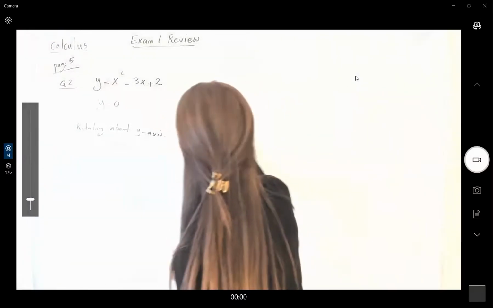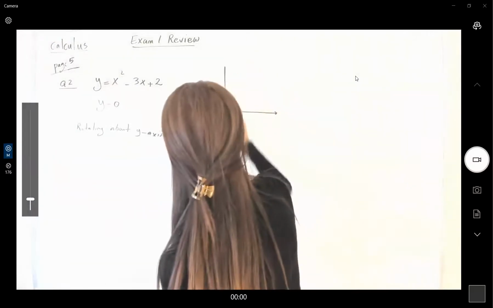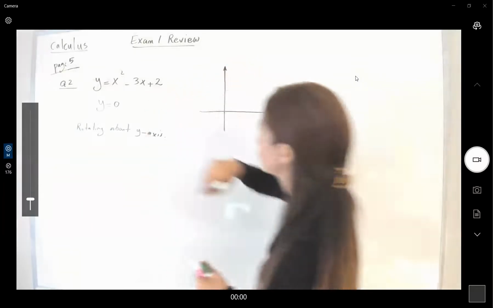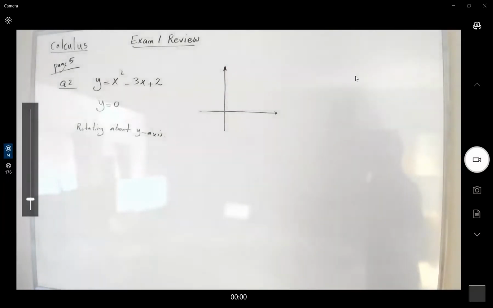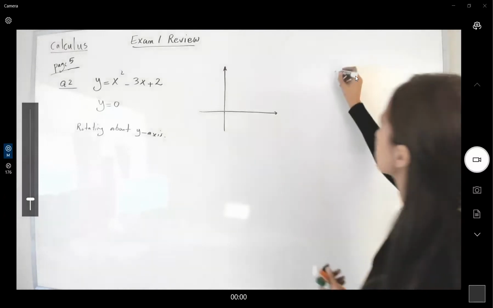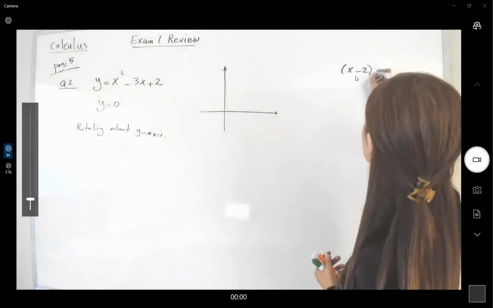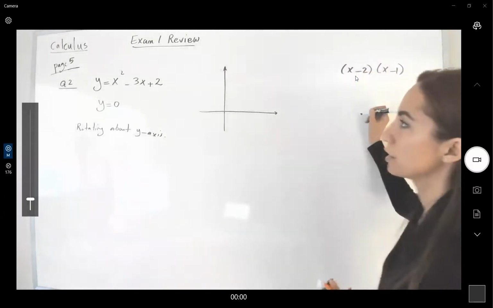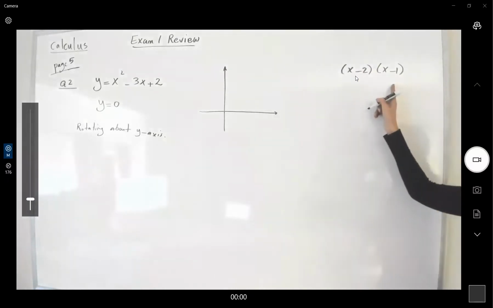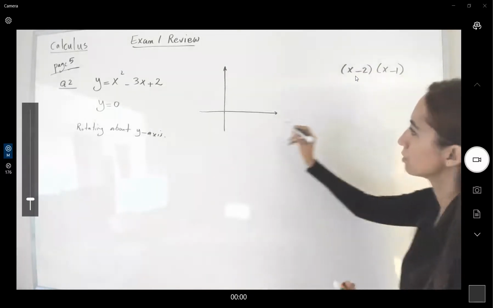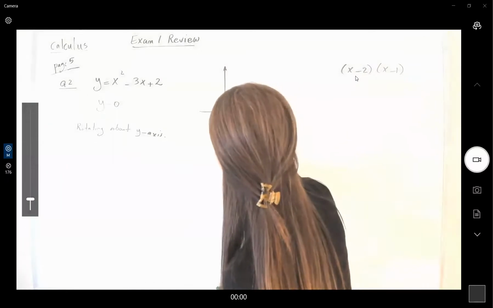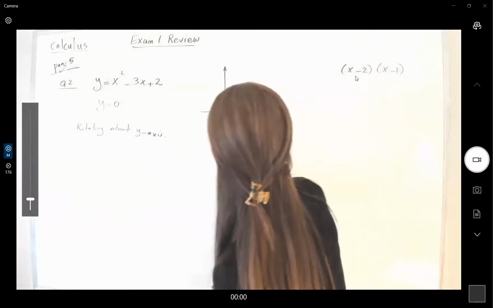First, graph it. What's the graph like? Here we have a quadratic function, which if you write it in factored form, the product is 2 and the sum is -3, so it's 1 and 2. This passes the x-axis at 1 and 2.